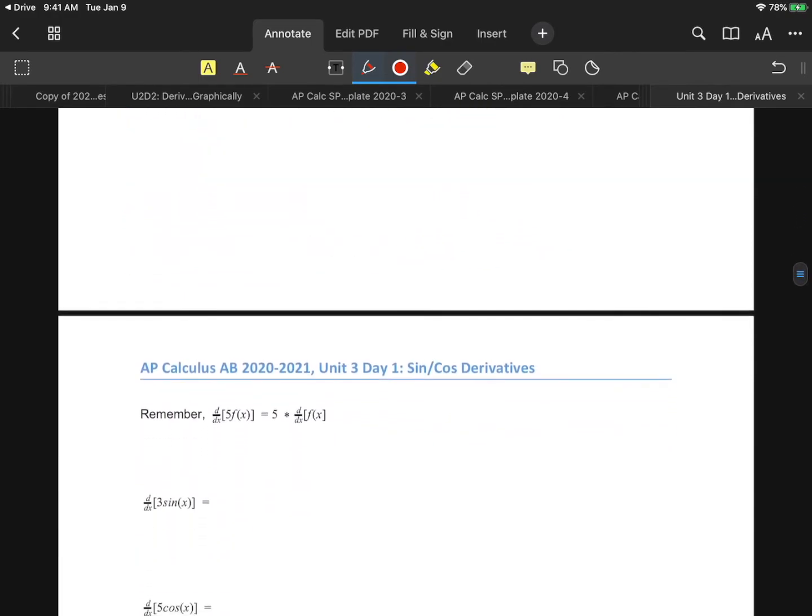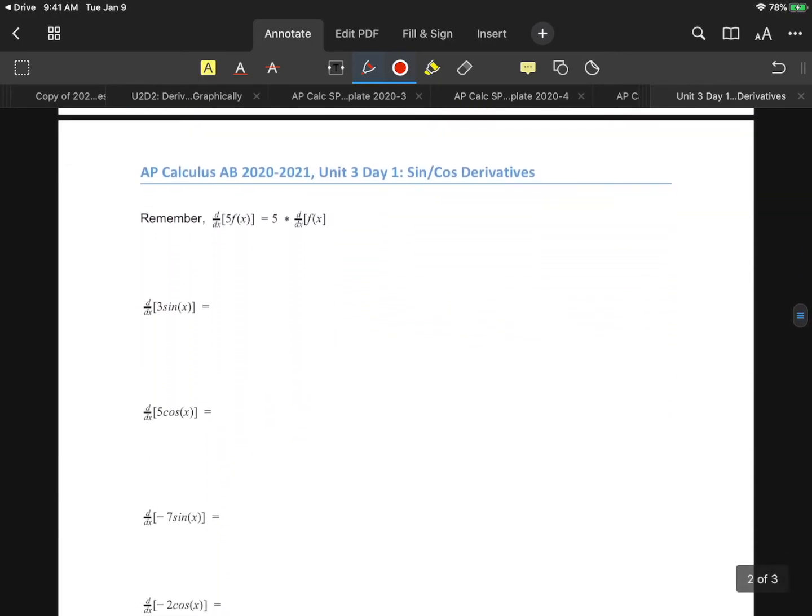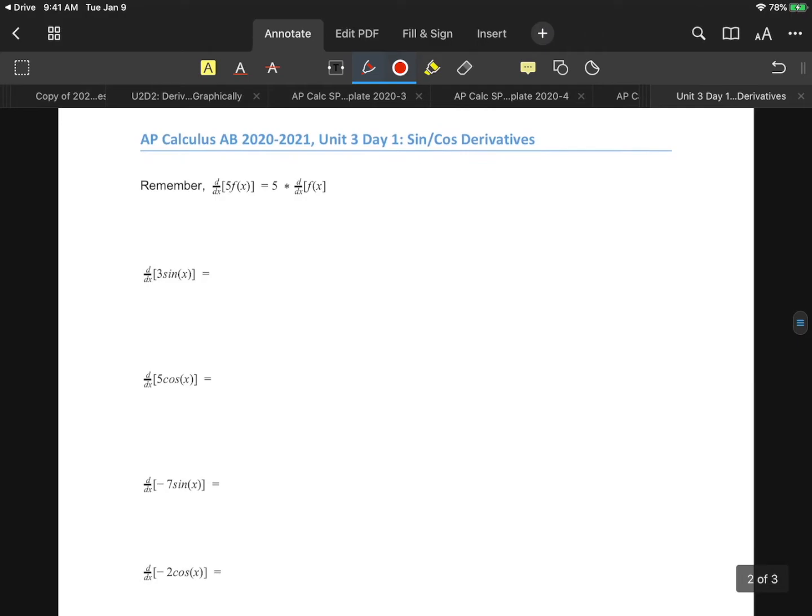Just wanted to show a couple of key things. We quickly went over this, but just remember, if I have some generic function f of x and it has a coefficient out front, I can bring that coefficient out to the front and then take the derivative of what's left. So the derivative of 5f of x is the same thing as 5 times the derivative of f of x.